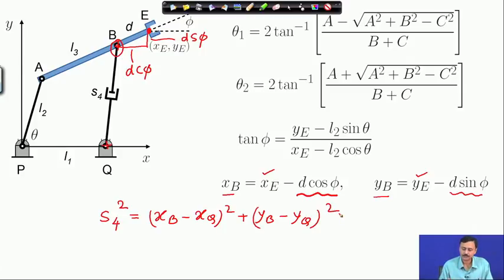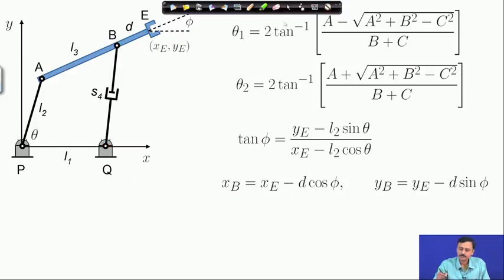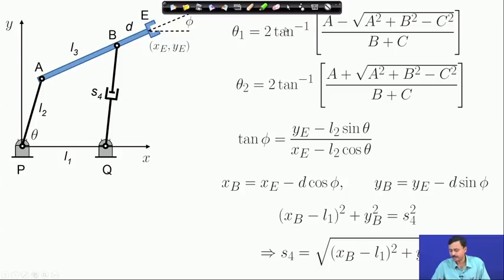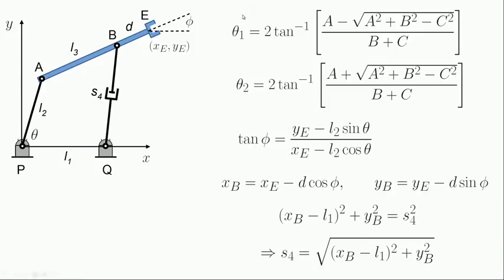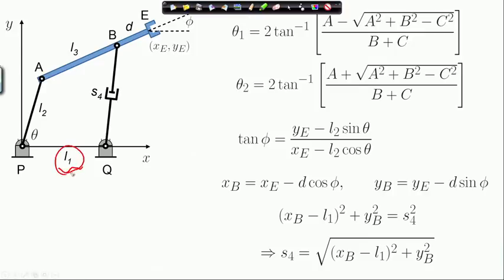So, from here I can find out the throw of this prismatic actuator. So, this is what I have written out. S 4 is square root of x b minus L 1, so you have L 1 here, the length p q, whole square plus y b square, because y q is 0, the y coordinate of point q is 0.